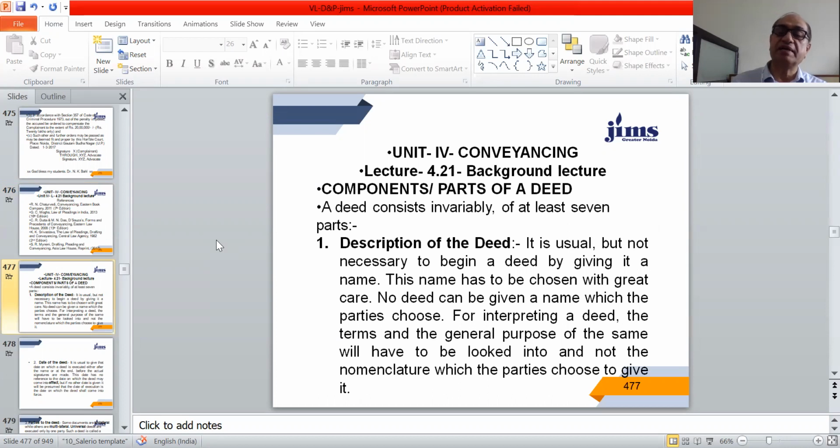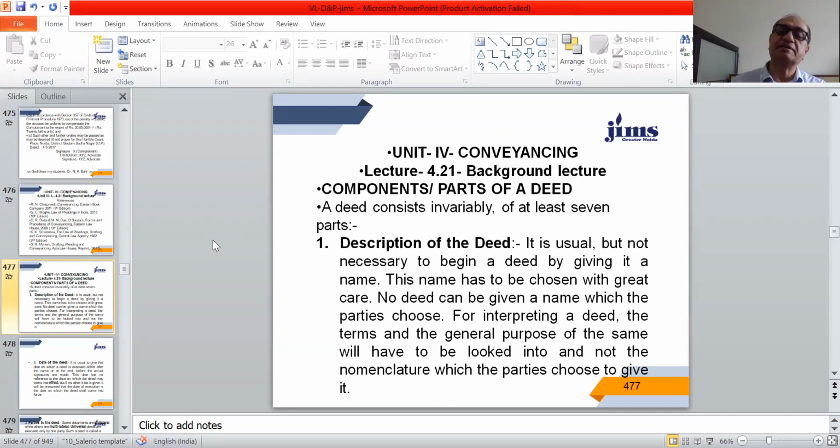For interpreting a deed, the terms and the general purpose of the same will have to be looked into, and not the nomenclature which the parties choose to give to the deed. It is the pith and substance which will tell you the nature of the deed. If you have given a heading and the contents are different, then again the pith and substance of the deed will have to be seen so as to decipher the nature of the deed.